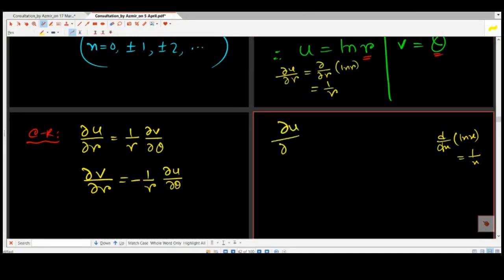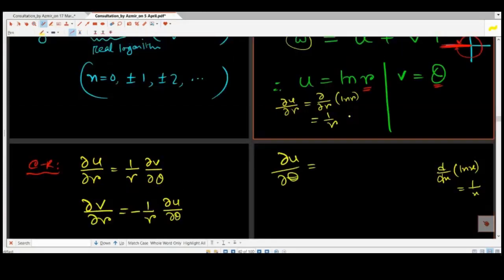Similarly, for du d theta, we are differentiating natural log of r using the partial derivative concept. Whenever we are differentiating in terms of theta, r is constant, so the derivative of a constant is 0.